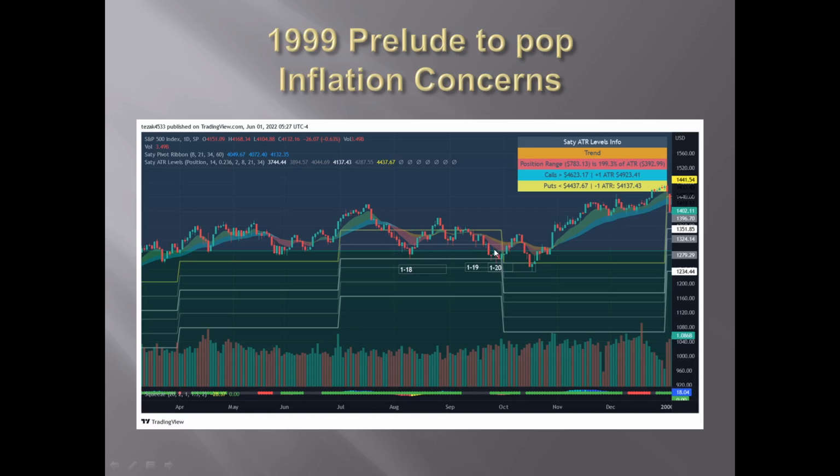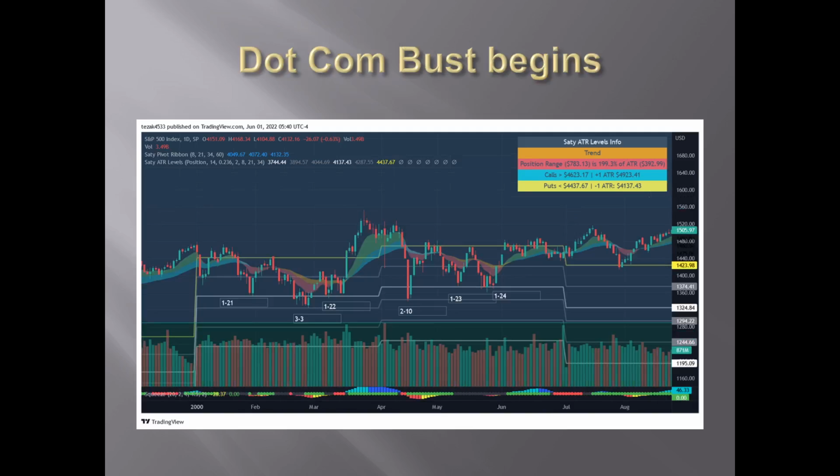Didn't even make it up to the ATR level, but you still got 2%, so not ideal. And then this one here, the ATR shifts and you get a nice move up here of about 5.5%, so pretty good.